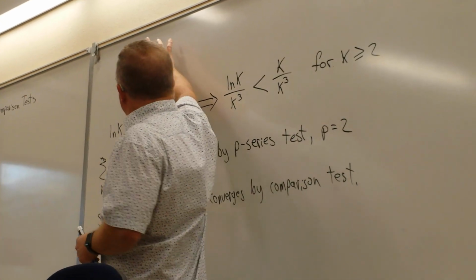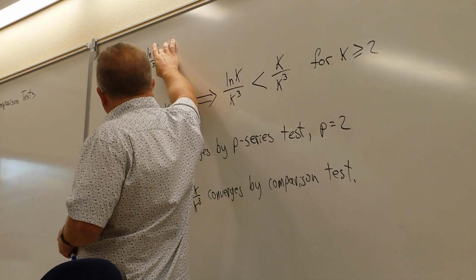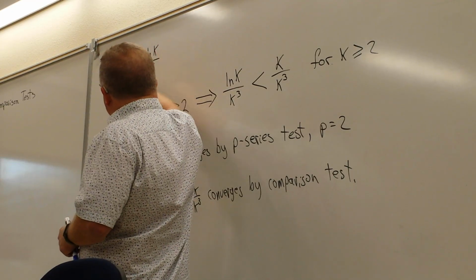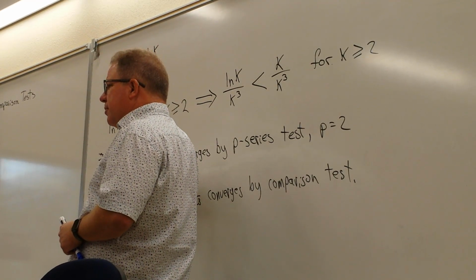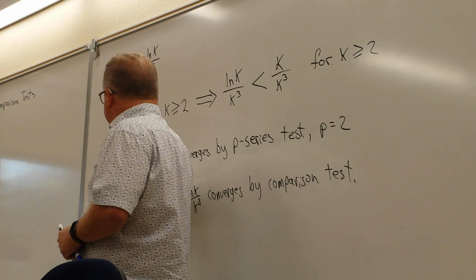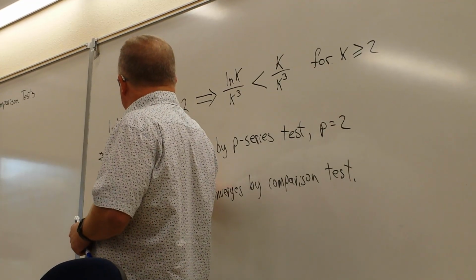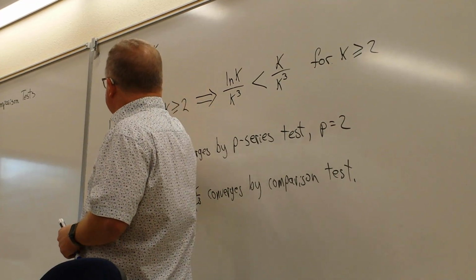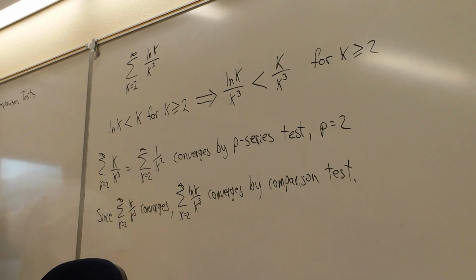So we're going to compare it with k over k cubed to prove it converges. This is the obvious one that converges. We know this one is always less than that because of this statement right here. So then we use that.